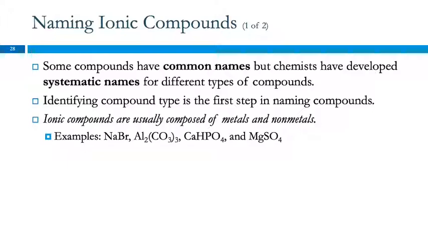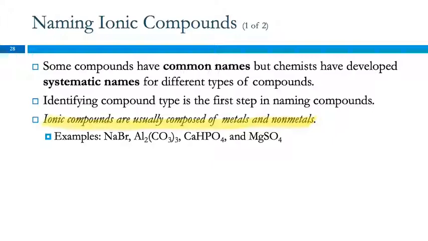Well, how do we name these? Some compounds have common names, like water, but all compounds have a systematic name. So a compound can have more than one name, but all compounds have one correct systematic name. So to name things, we first have to identify what kind of compound this is, and so we want to remember that ionic compounds are generally formed of metals and nonmetals.